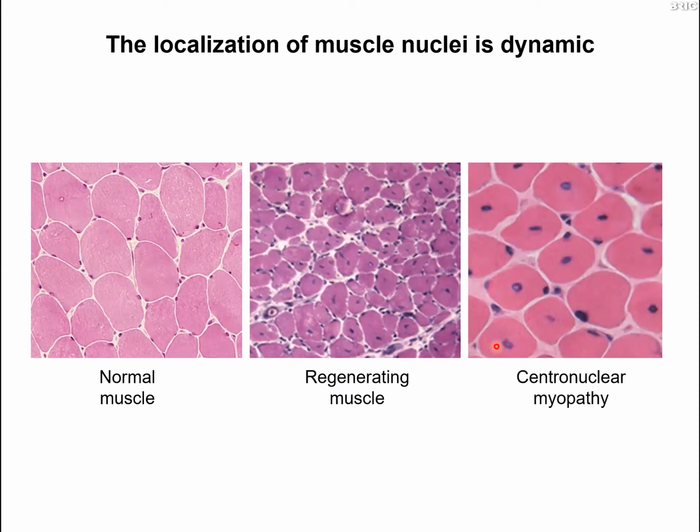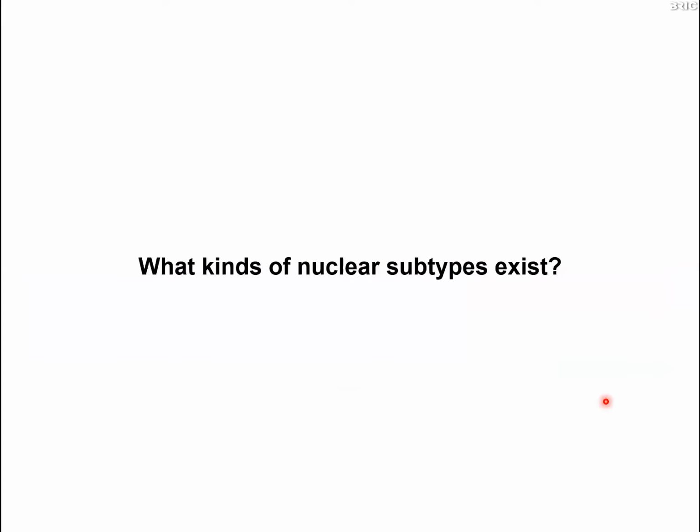Although this phenomenon has been known for a very long time, we still do not know whether and how the transcriptional programs in these nuclei are different from the others, and more importantly, how they contribute to muscle regeneration or disease progression. So the obvious first thing to do in this line of research was to know what kinds of nuclear subtypes actually exist inside a muscle cell.